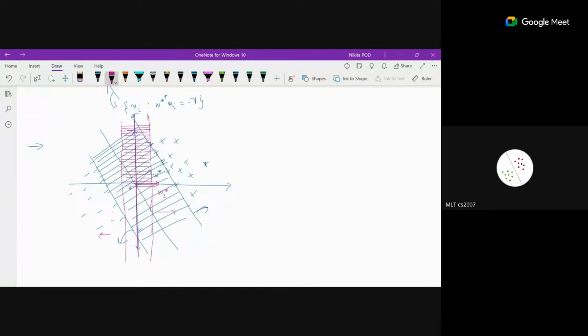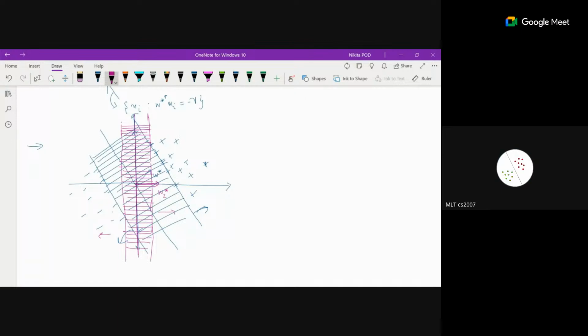Now, if we had to choose from these two W's, which W should we go for? Any guesses? Which W should you choose? W star. Why is that? Because gamma is more, it will give fewer mistakes. Yeah.